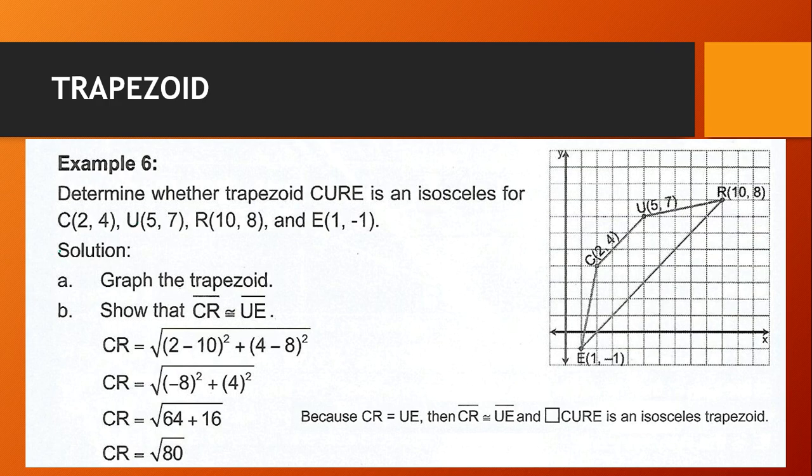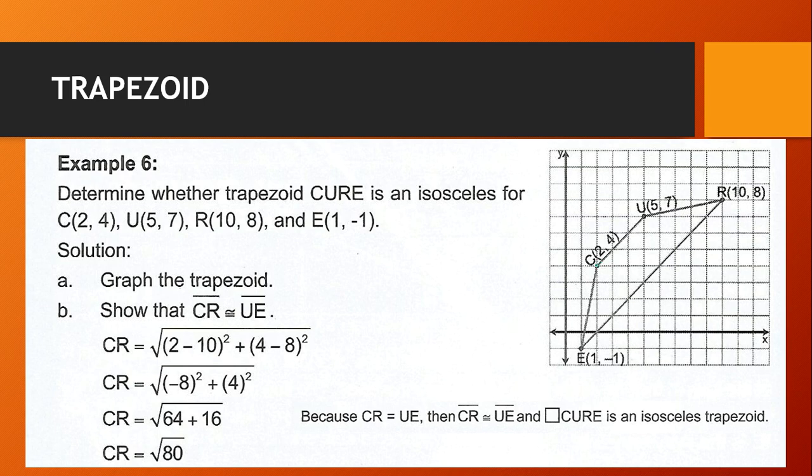So, the solution will be, first one is graph the trapezoid. So we graph the trapezoid using the ordered pairs corresponding to the letters, or those points. The point C, the point U, then the point R, and the point E with their corresponding ordered pairs. They are already plotted on the Cartesian coordinate plane as you can see on the screen right now.